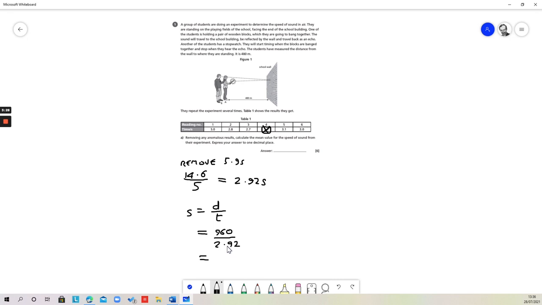If you work that out, that now comes to 328.8, and of course we're measuring speed because this distance is in meters and the time interval is in seconds. Therefore the speed is going to be in meters per second, and we need to make sure that we've included that. So in that case, let's insert our answer here. So our answer is 328.8 meters per second.